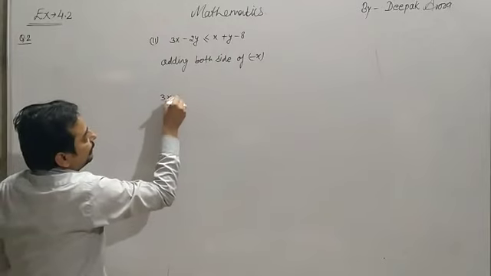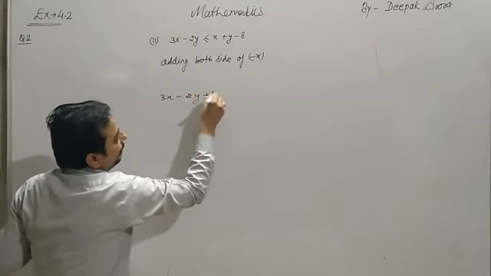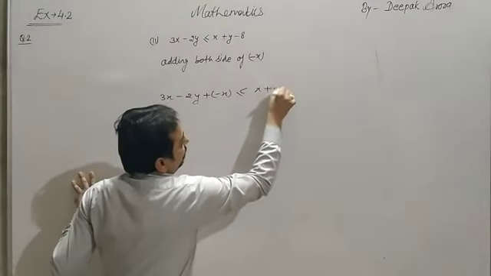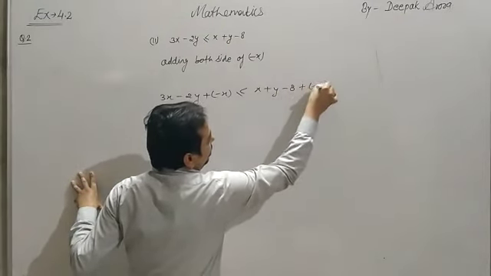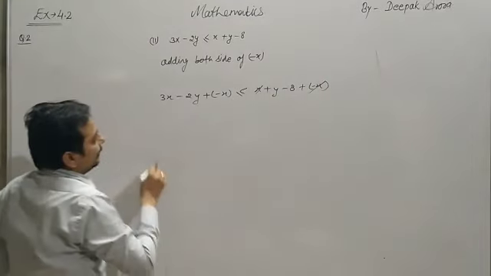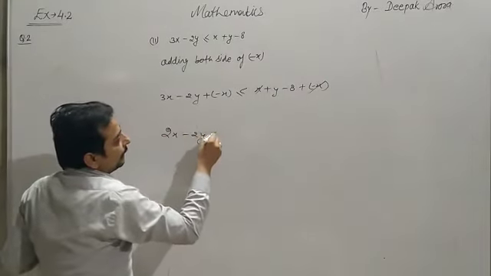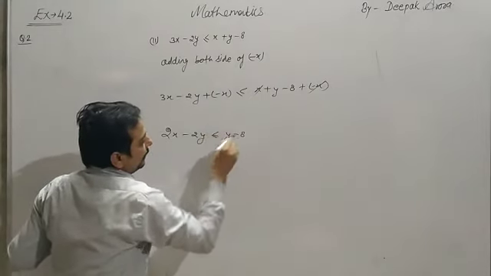Then 3x minus 2y plus minus x is less than or equal to x plus y minus 8 plus minus x. Plus x and minus x cancel, so the value is 2x minus 2y is less than y minus 8.